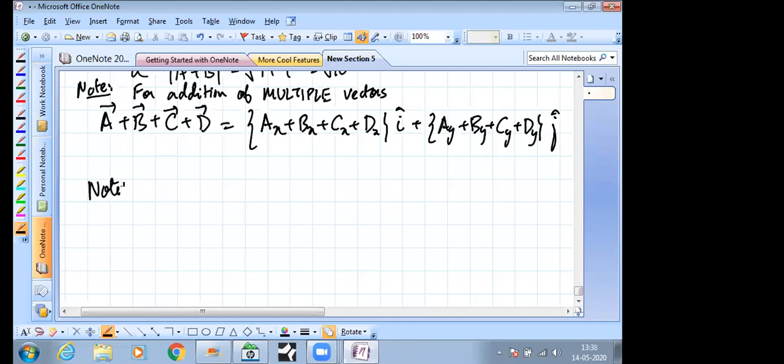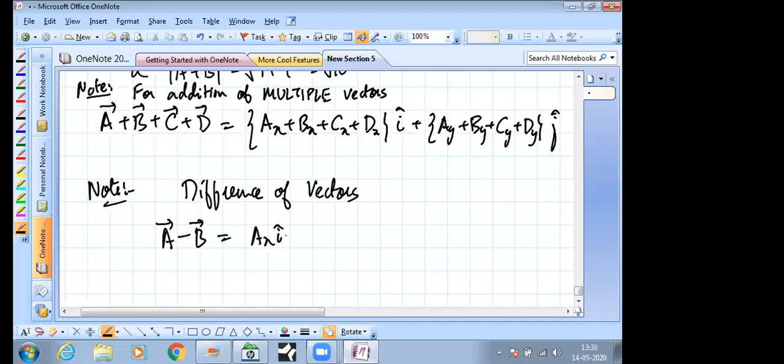Similarly, for difference of two vectors. So A minus B, that will just become Ax i cap plus Ay j cap minus of Bx i cap plus By j cap.